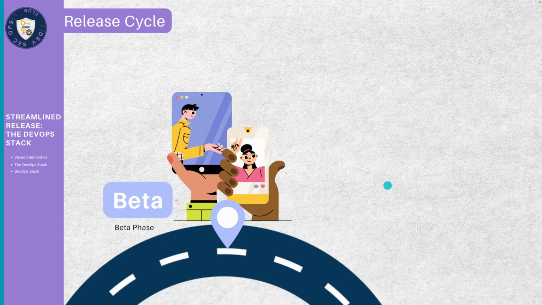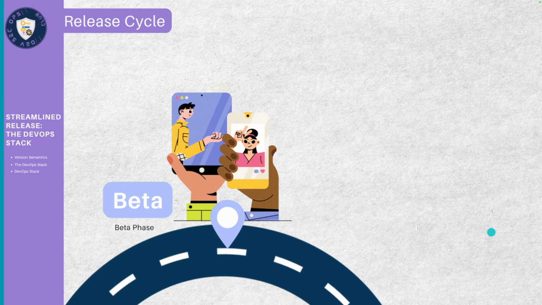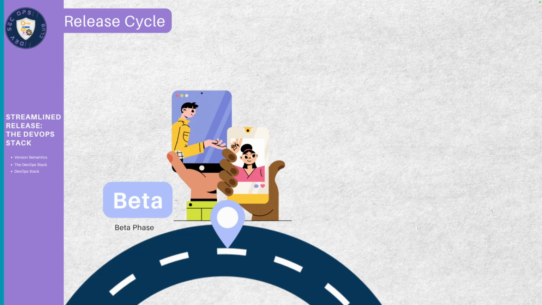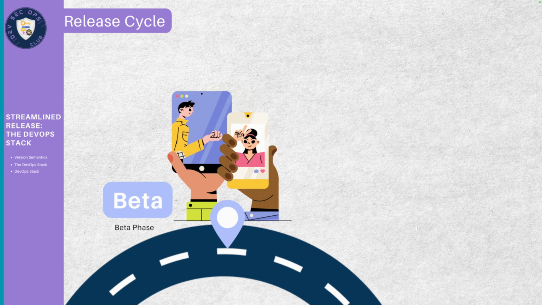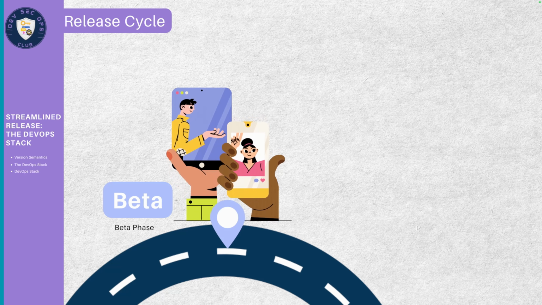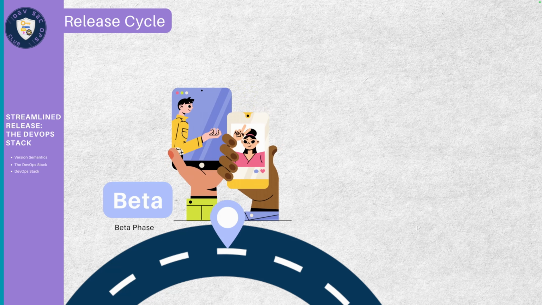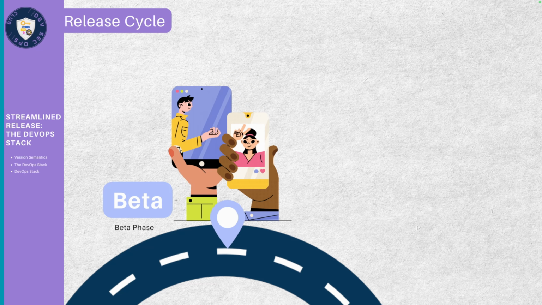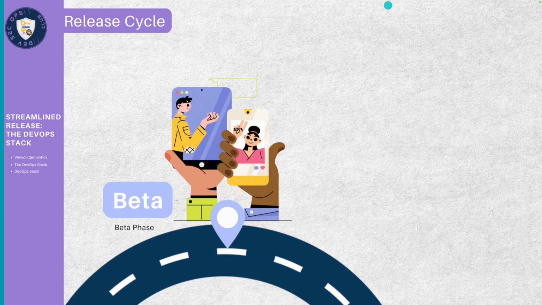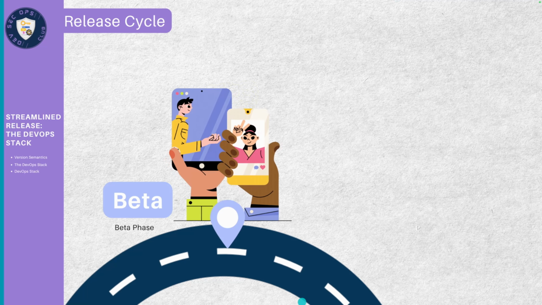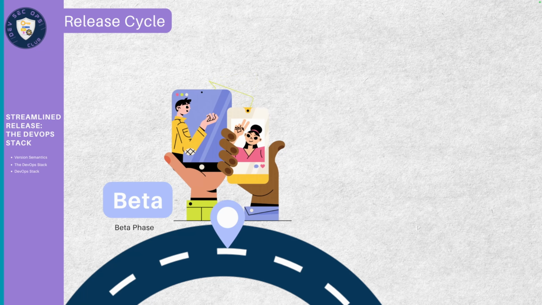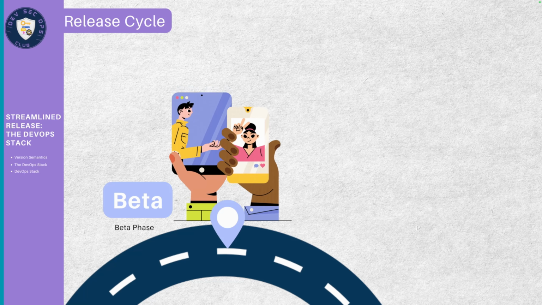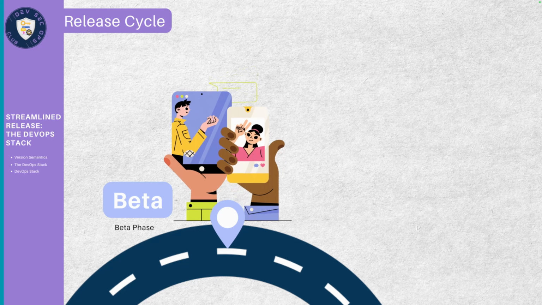Closed beta means you develop your application and give the installation file, I don't remember the extension at the moment, to some of your friends and family members and say, I'm going to launch this application, just install it on your mobile, use it and let me know. So that is closed beta. Again, it's testing terminology.